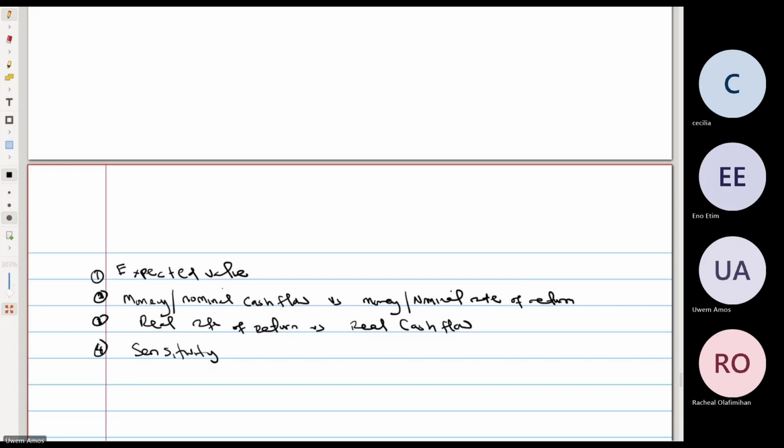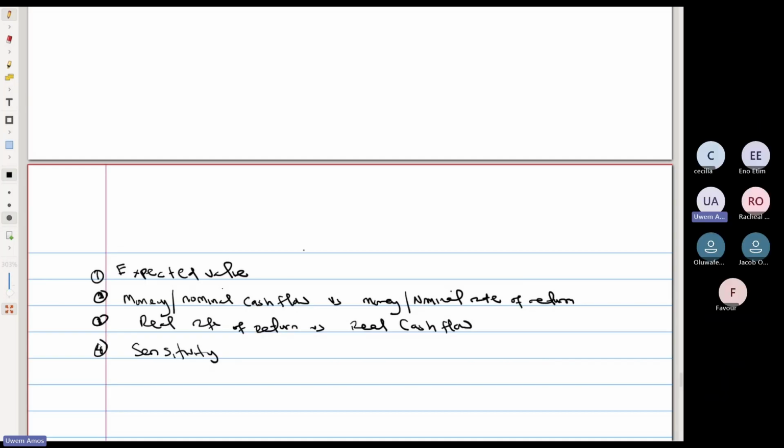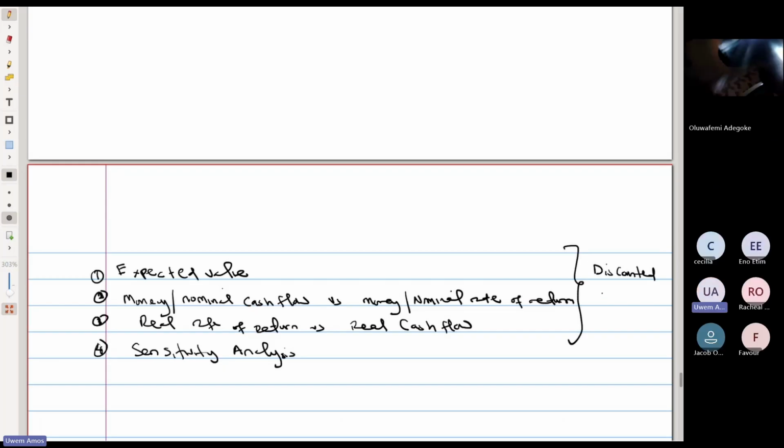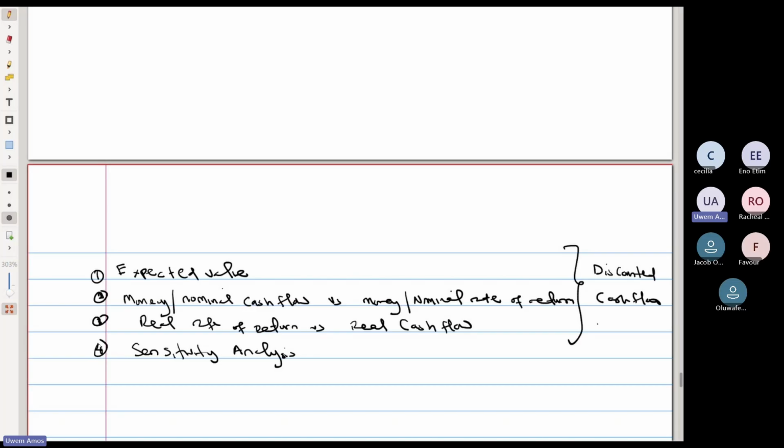So these are all of the topics we'll cover with this question under the topic discounted cash flow. All of these topics or subtopics fall under the discounted cash flow in our syllabus. Right. So let's get right into our computation.